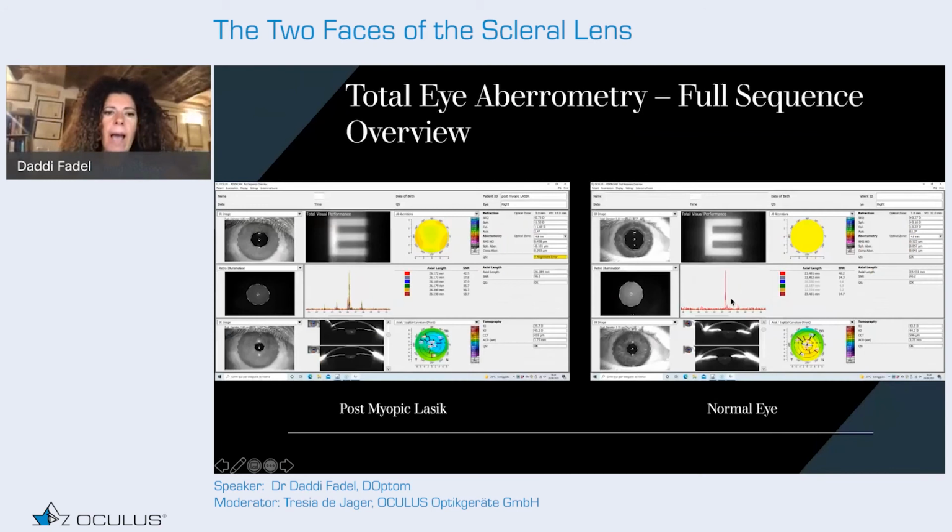Here we have a full sequence overview of the total aberrometry between a LASIK patient and a normal eye. But again, this comparison may be between the baseline profile and after applying the lens with customized front surface. It's important for us, but it's also important to show to the patients.